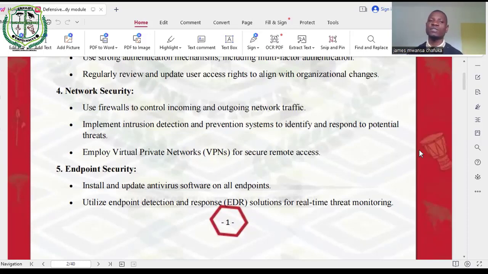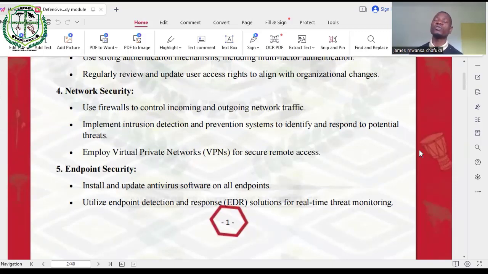Under network security, we are saying to use a firewall to control incoming and outgoing network traffic. So what does this mean? Another name for a firewall is a gateway.